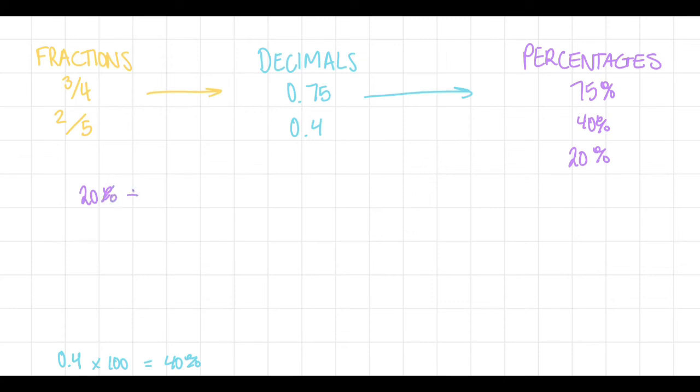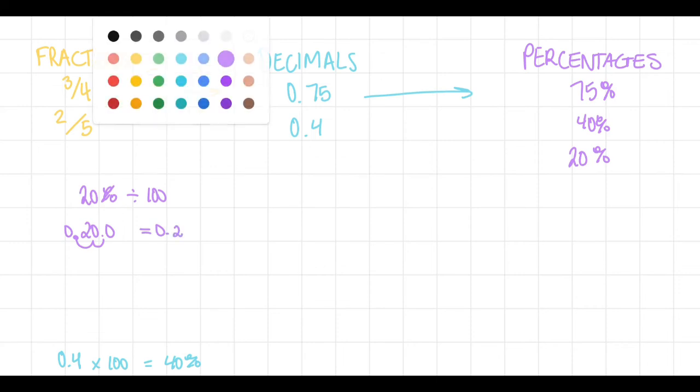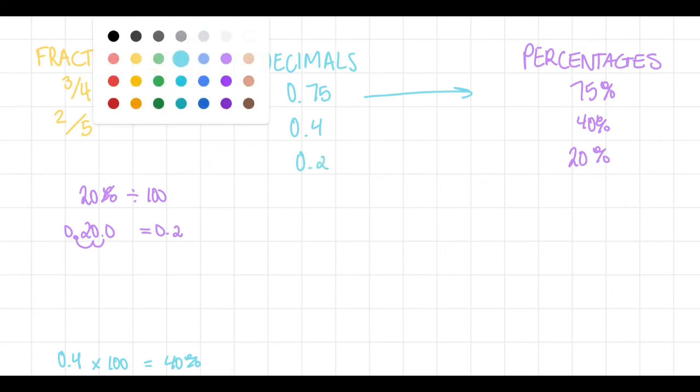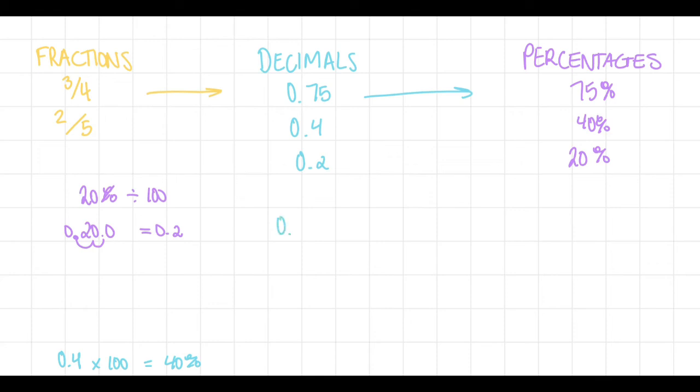20% into a decimal, we just divide by 100. So, rewrite the 20 with that decimal place, and move the decimal place 2 to the left because we're dividing. We get 0.2. And that is our decimal, 0.2. Now we want to take that decimal and convert it into a fraction. So 0.2, how many numbers do we have on the right-hand side?